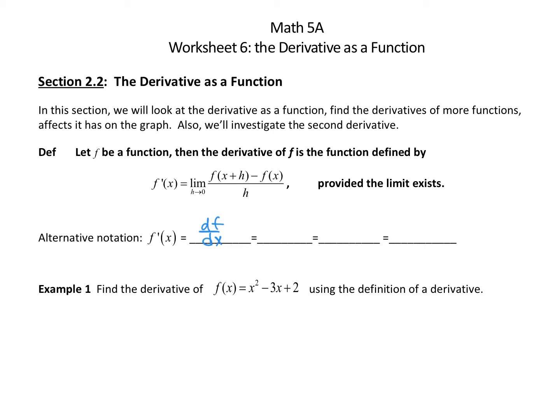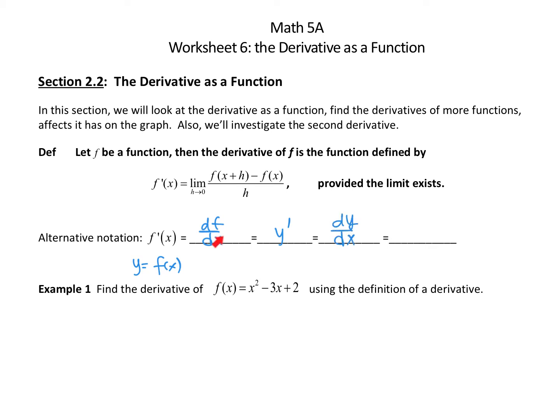Another way you can say that is y prime, assuming y is equal to f of x. Sometimes we'll use x and y, especially in the graph. If that's the case, then instead of saying f prime of x, I'll say y prime. And then with that notation I can also say dy over dx.